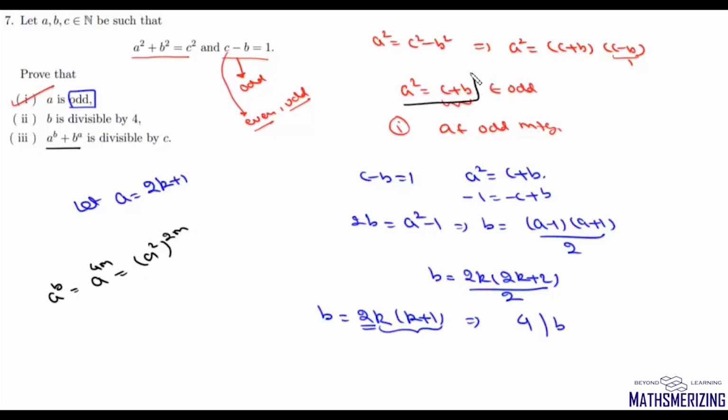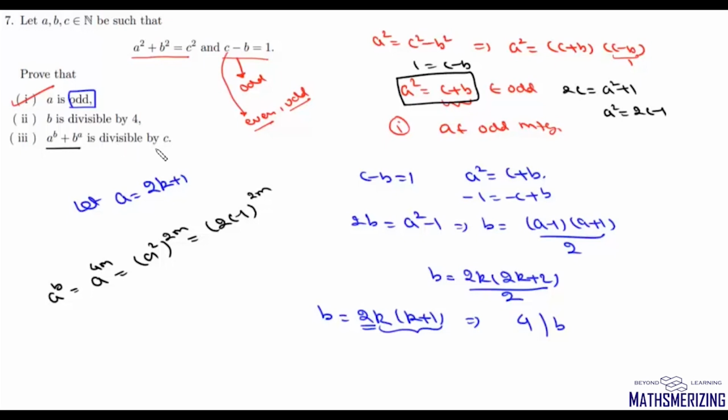Now a square is c plus b and c minus b is 1. So we'll add them. Then we can write 2c equals a square plus 1, and we can write a square as 2c minus 1. Then we can write this as (2c minus 1) to the power 2m.